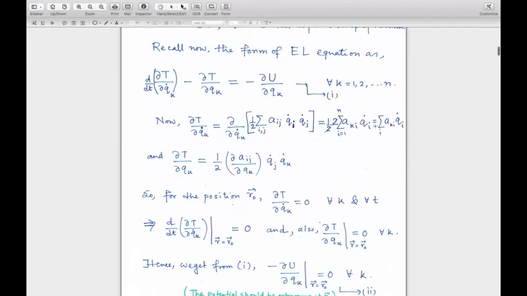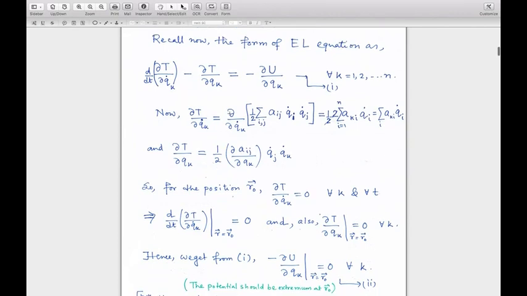Now d/dt of this thing will of course give you the summation over i of a_ki q̈_i, plus the summation over i of d/dt of a_ki times q̇_i. So you will have two terms.